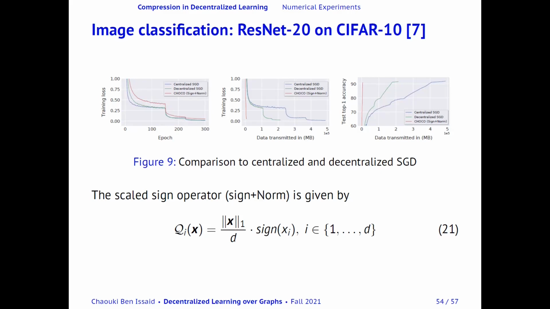However, the test accuracy is highest for the centralized scheme. When comparing the test accuracy reached for the same transmitted data, we can see that SPARQ-SGD significantly outperforms the exact decentralized scheme, with the centralized one being the worst.